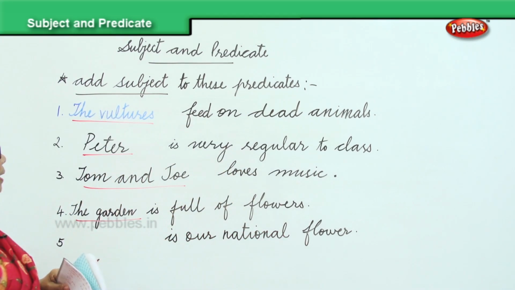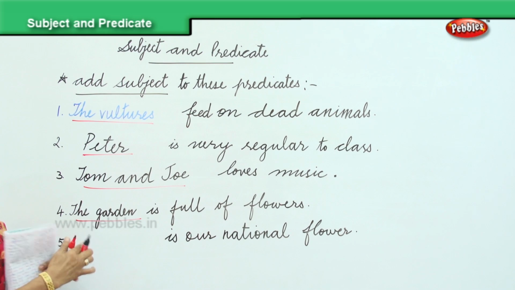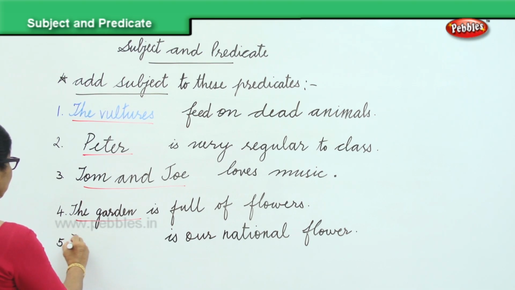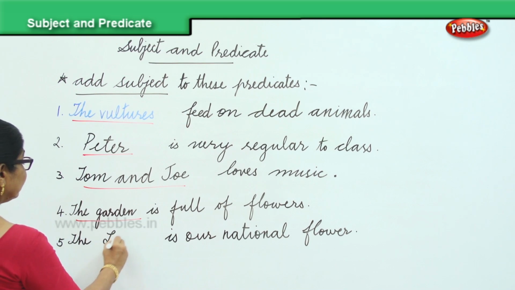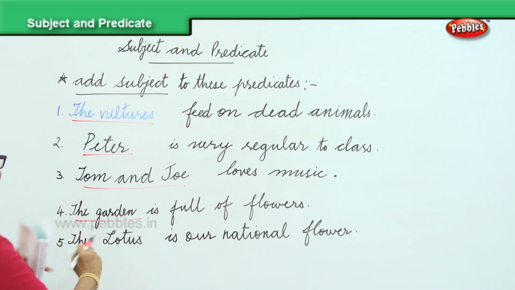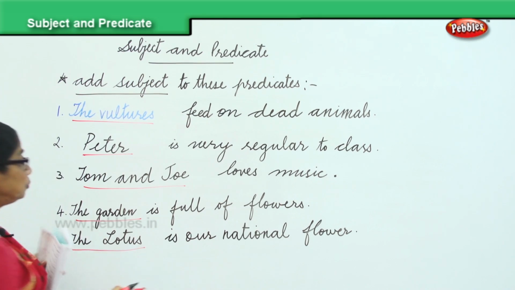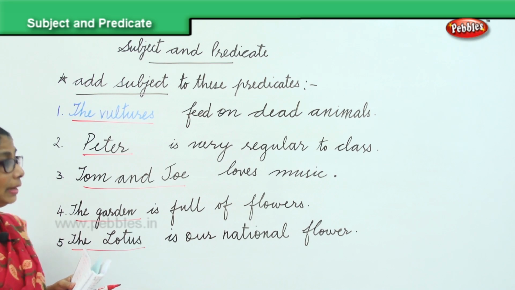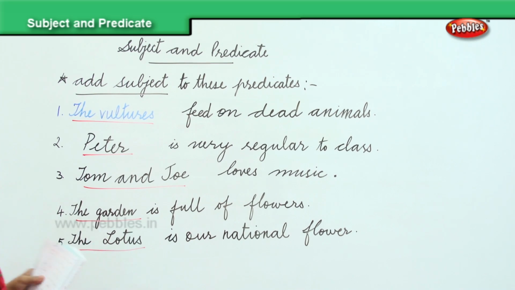And now you supply the subject for me. What is it? The lotus. The lotus is our national flower. The lotus is the subject that you have supplied. We completed it by putting in a full stop.